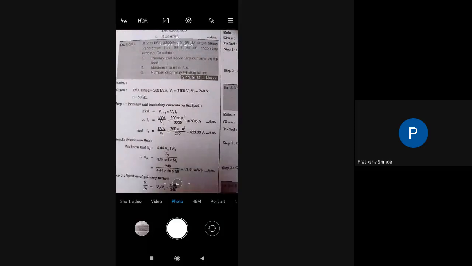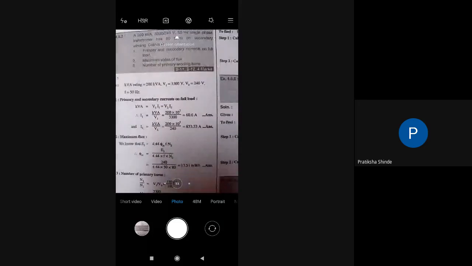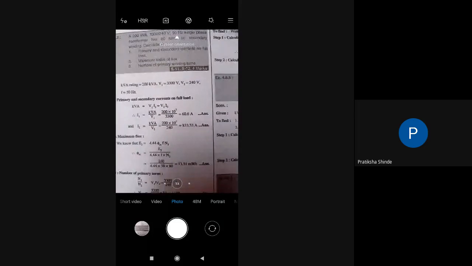See this answer. Here 13.51 milliweber is given. But why is it in milliweber? Because Weber is converted into milliweber. So what is it in Weber? It is 0.0135 Weber. Done?